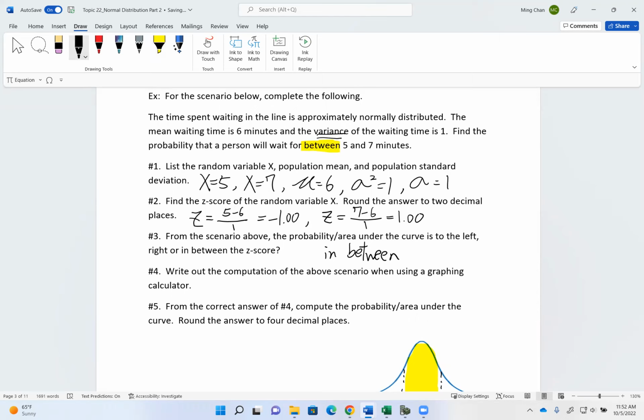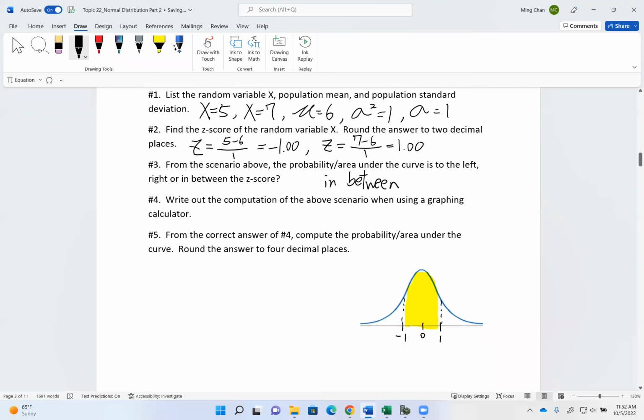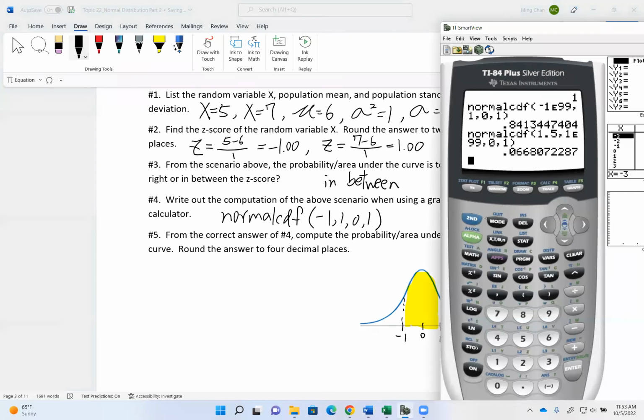All right, the computation. So I'm looking for the area in between. -1 is my lower bound, upper bound is 1. So normal CDF, -1 to 1, comma 0, comma 1.